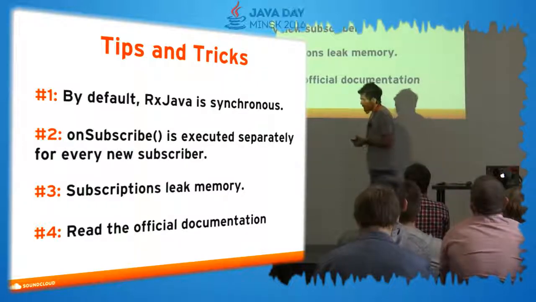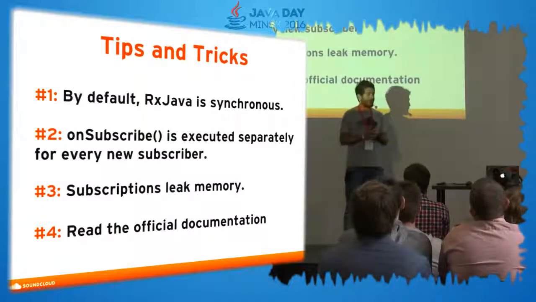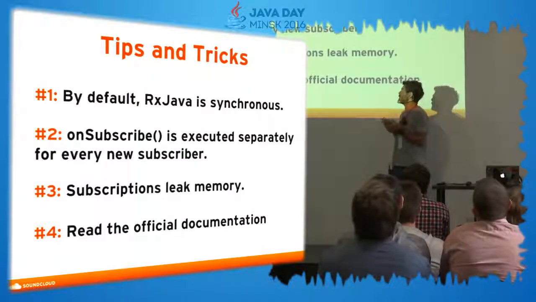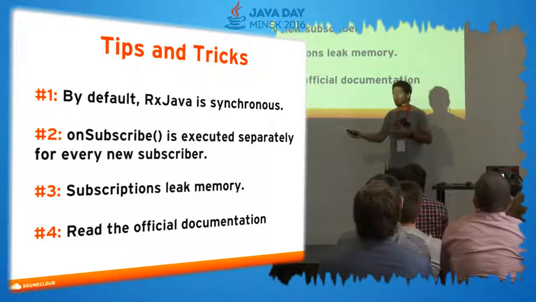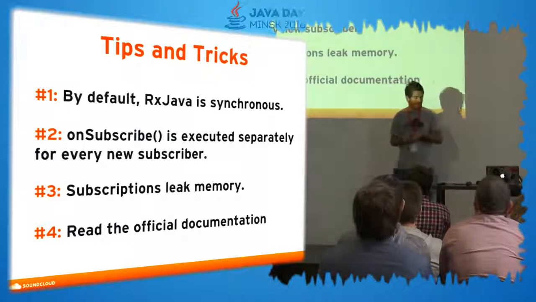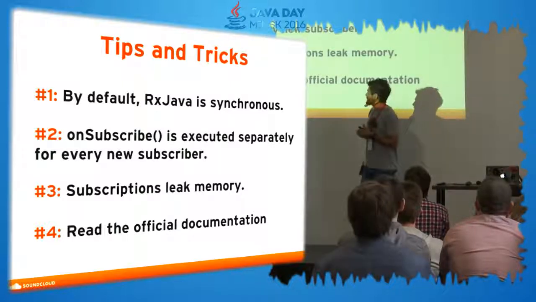Unsubscribe is executed for every single subscriber. So if you create an observable the way I did here, and then you subscribe someone to that observable, that method is going to be executed for each specific subscriber.